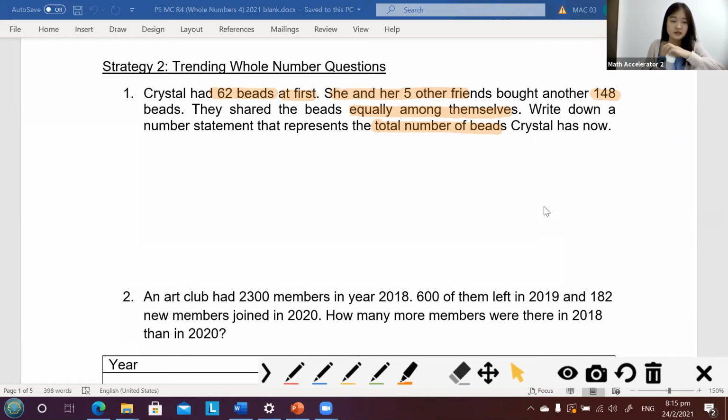Select your answers. They shared the beads equally among themselves. So do you need to include Crystal? Think about it.